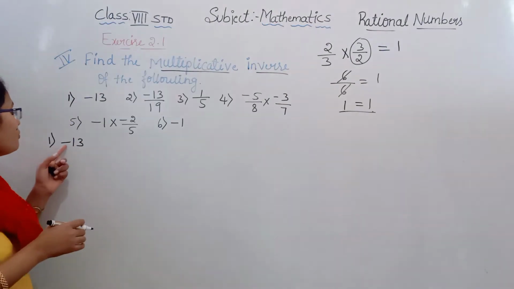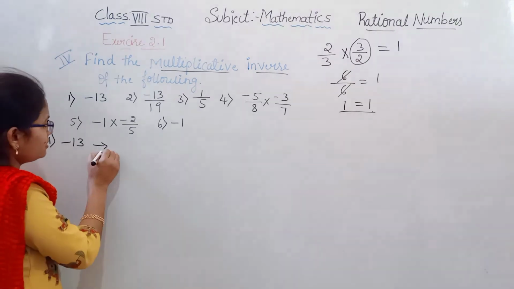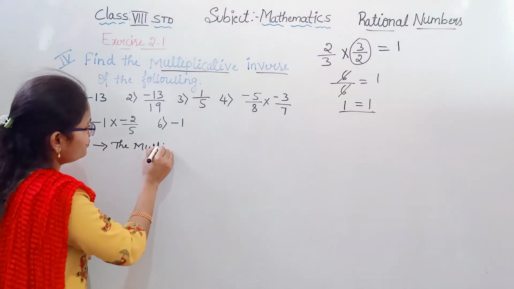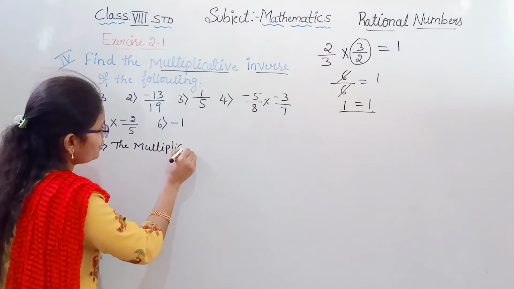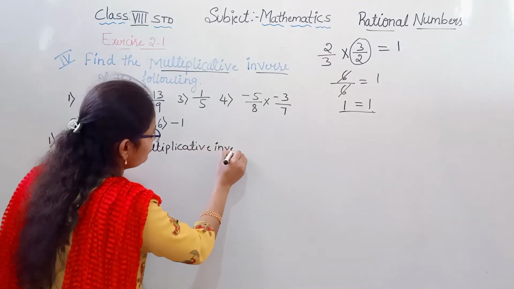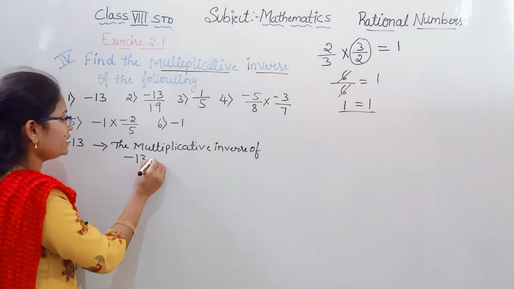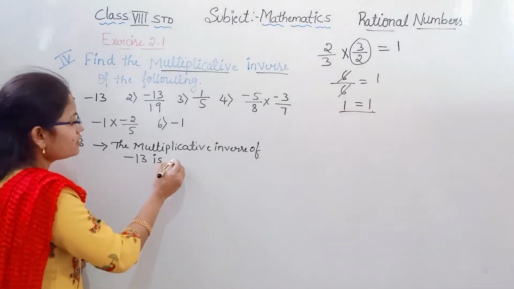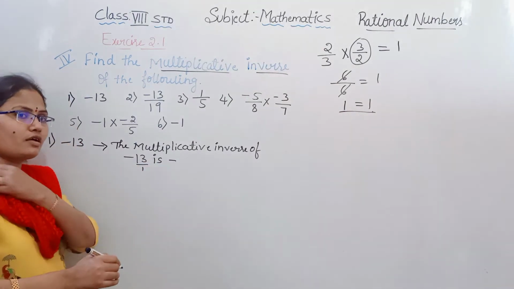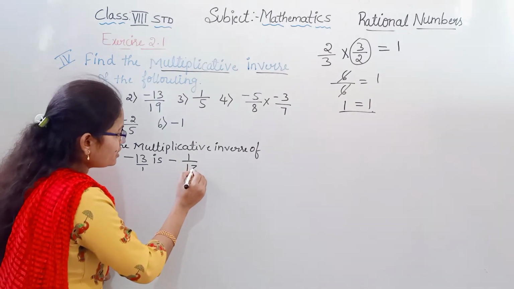So the multiplicative inverse of minus 13 is minus, and in the denominator if there is nothing, it has 1, so it becomes 1 by 13.